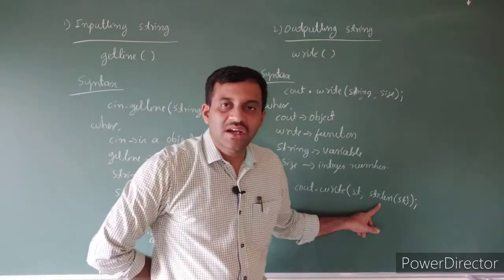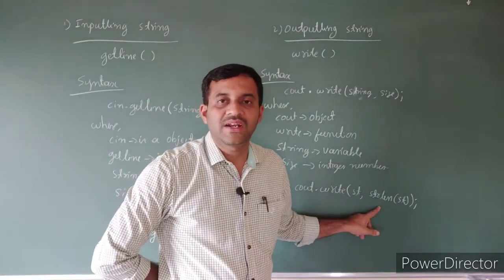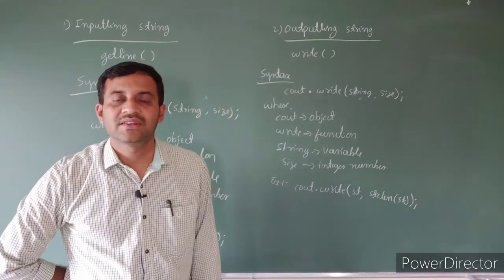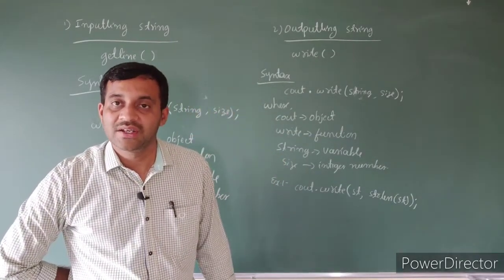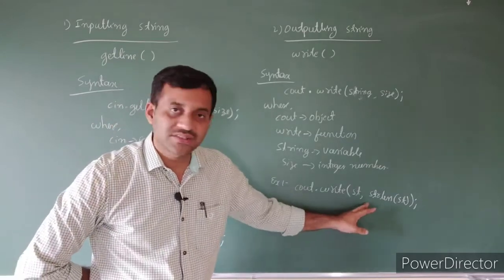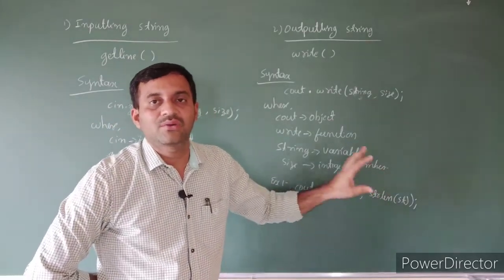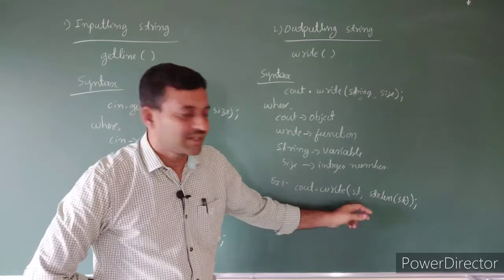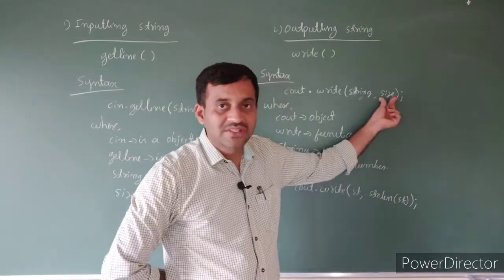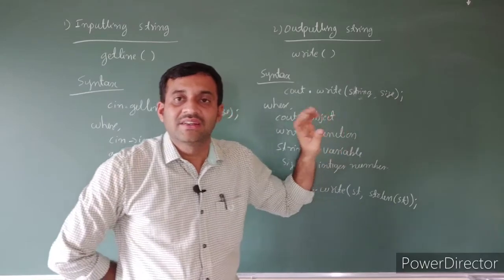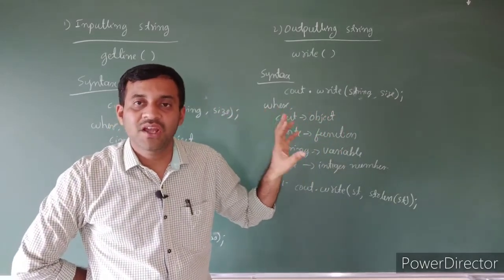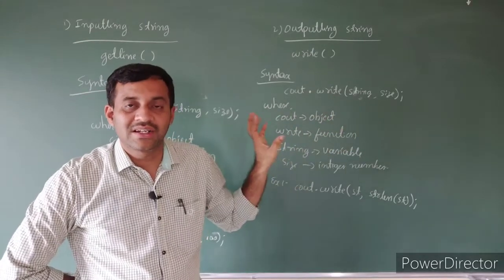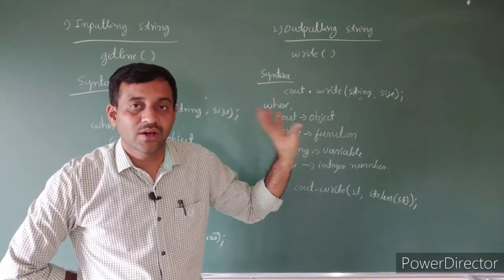The function strlen is used to find the number of characters present in a string. That is used in the place of size, because the write function displays all the characters until the null character is encountered.